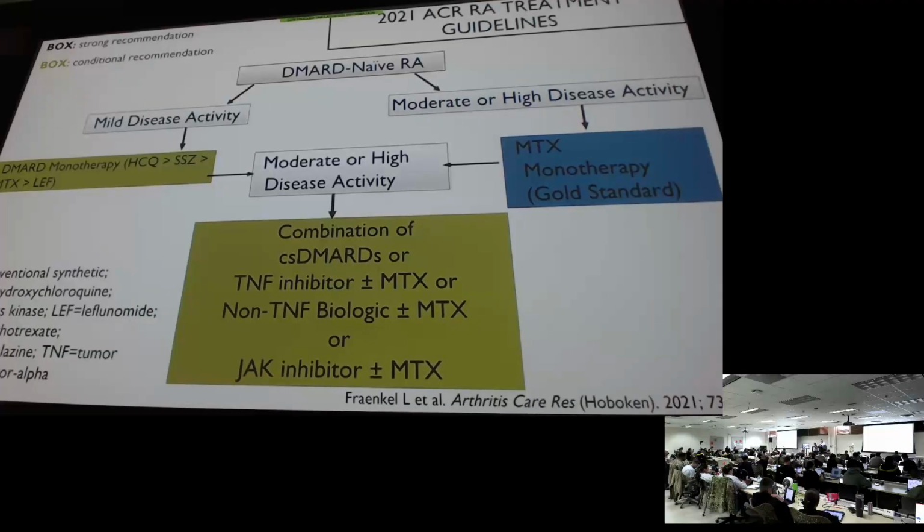That doesn't work, methotrexate, constant denominator here, right? And then we try it with those new targeted synthetics, the JAK inhibitors. At this point, we've only really talked about the methotrexate and the CS-DMARDs. Now we're going to talk about that next level, which is the biologics, and then finally the targeted synthetics or the JAK inhibitors. So just make sure we're all tracking.